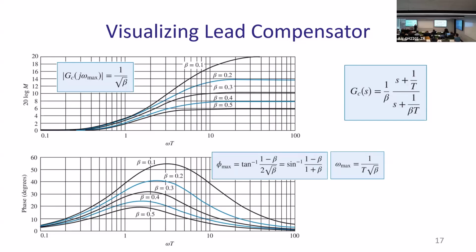Why do I need to do derivative equals to 0? Derivative of Gc at j omega equals 0, for some function. Isn't it like the function's max? Yes, so these are extrema values, like calculus 1, I guess.